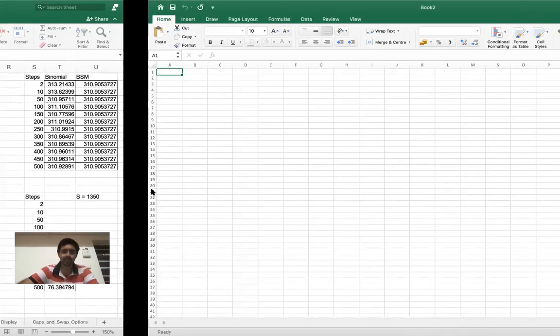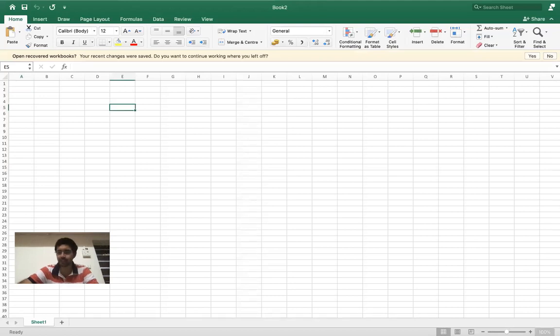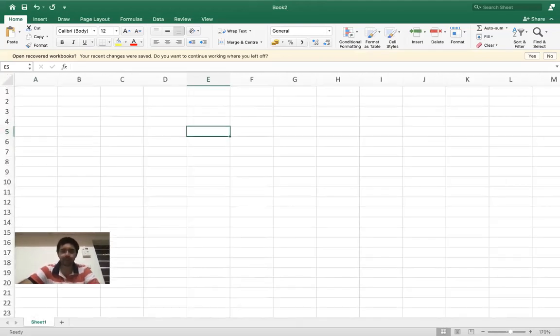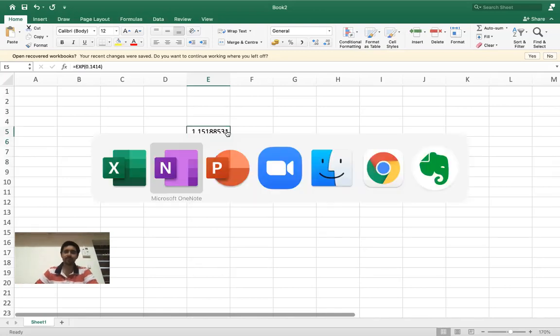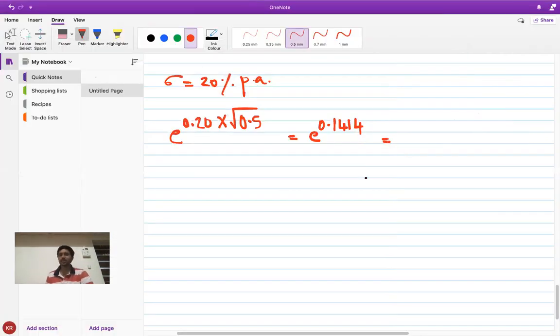I can also show it to you in an Excel file. If I use the function exponential of 0.1414, the answer is 1.1519.